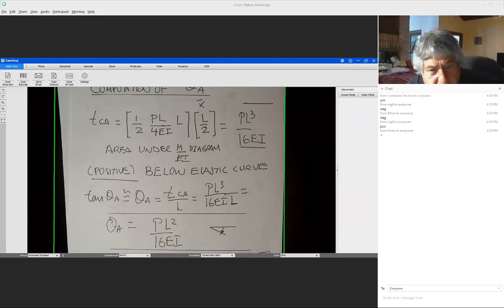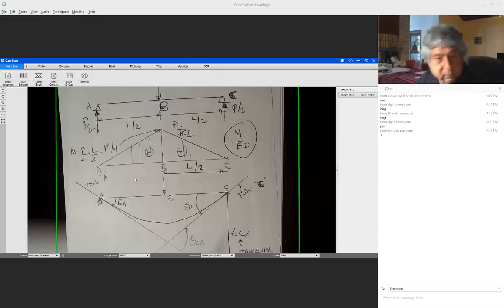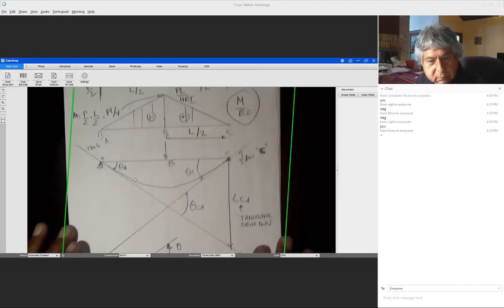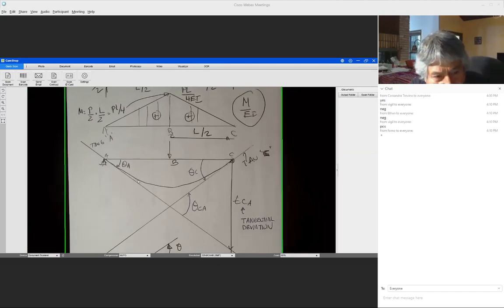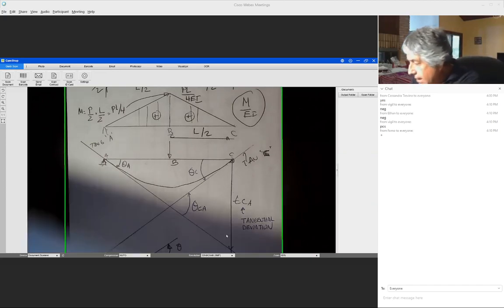Whenever this TCA value is below the elastic curve, it is positive. Look, this is the elastic curve, and this TCA is below the elastic curve, so it is a positive value.